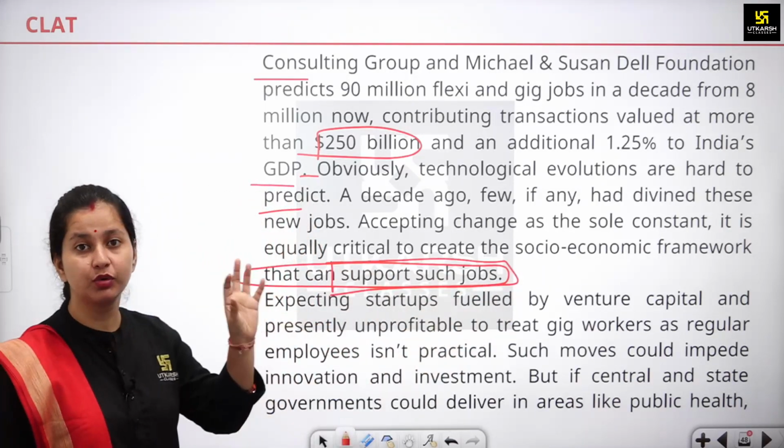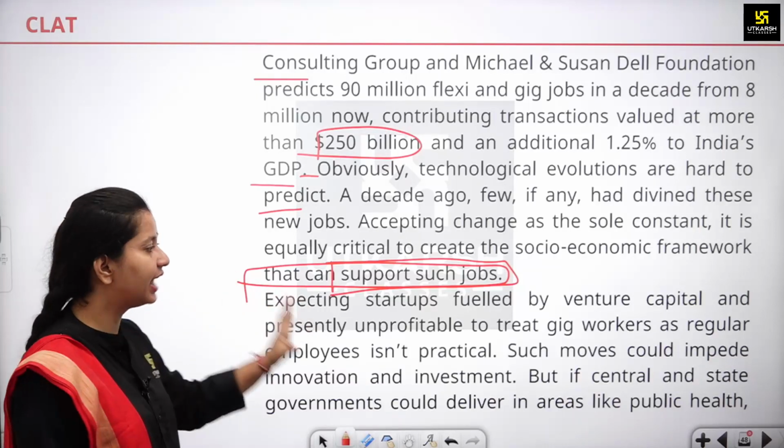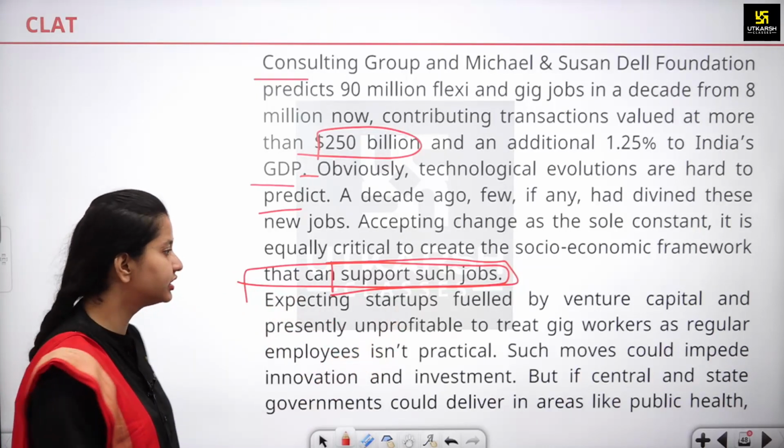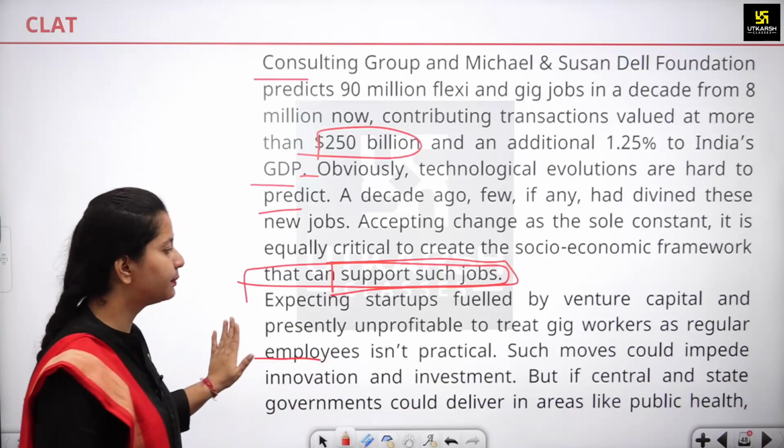Expecting startups fueled by venture capital and presently unprofitable to treat gig workers as regular employees isn't practical.